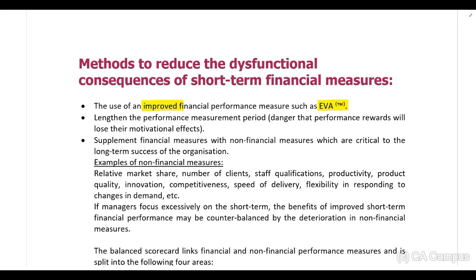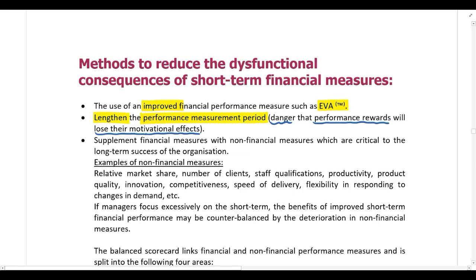Another way that we can make sure that they focus on the long term and not just the short term is to lengthen the performance measurement period. So we don't only evaluate performance over a period of 1 year and then determine whether we are going to pay bonuses or not. Instead, we lengthen that and we look at performance over a period of 3 years or 5 years, etc. However, there is a danger that performance rewards will lose their motivational effects if you do this.